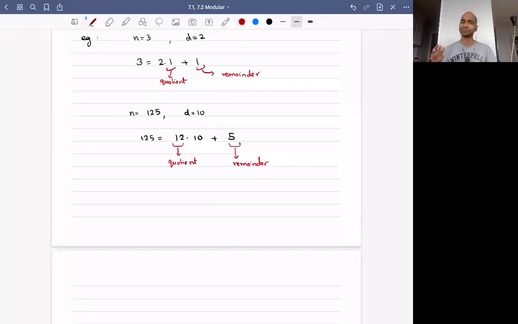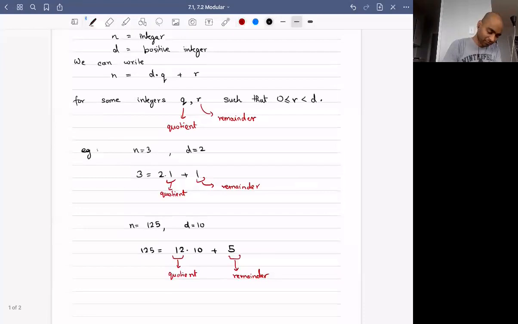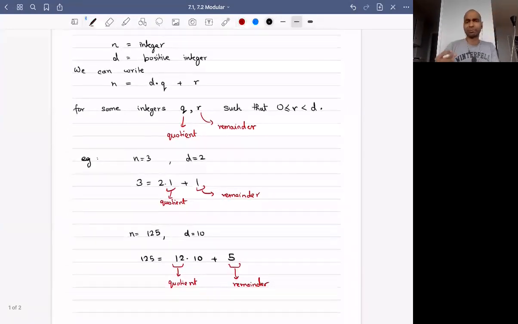Now with negative numbers, this is slightly tricky, and I'll explain why. The issue with negative integers, firstly, notice that the thing you're dividing by is always positive. So we don't really try to divide by -2. You might as well just divide by 2. Like 3 over -2 is the same as -3 over 2, so you can just move the negative sign to 3 instead of 2.